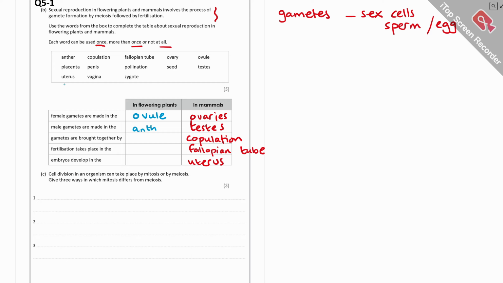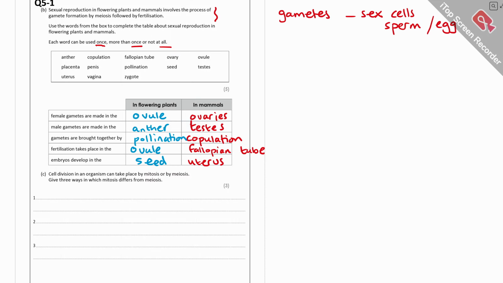And the gametes are brought together by pollination. Fertilization takes place in the ovule, and the embryo develops in the seed. Okay, there you go. Forgot about that one.